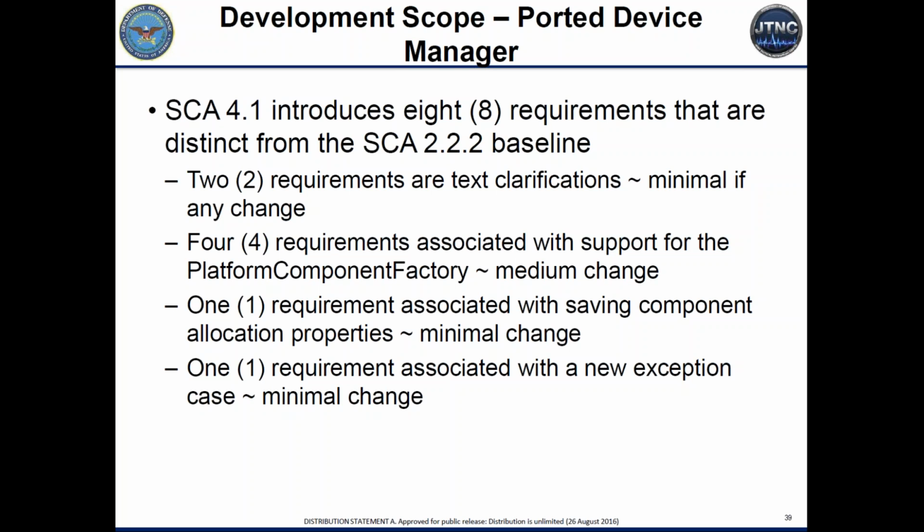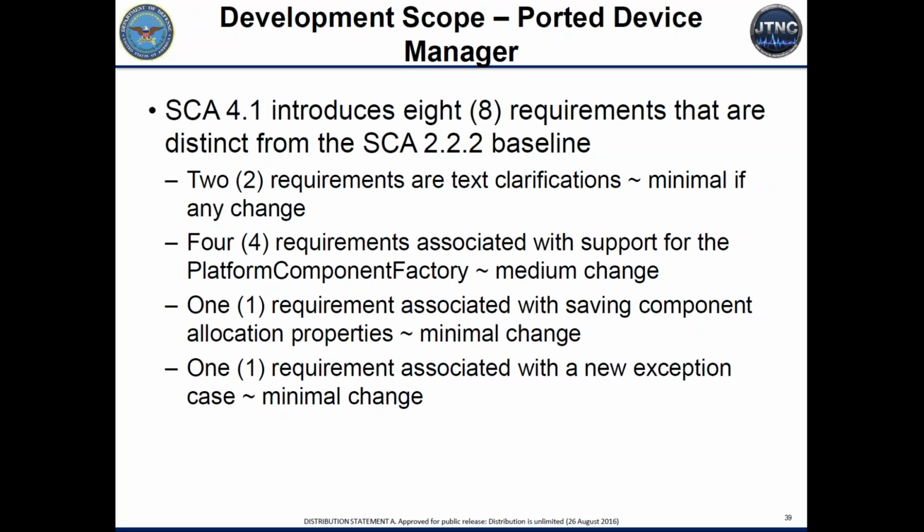Now there is a component factory that exists and is accessible over on the platform side as well. One caveat that I would put associated with that is that where it was optional to have resource factories in 222, that component factory capability is something that is also optional on both the application side and the platform side.